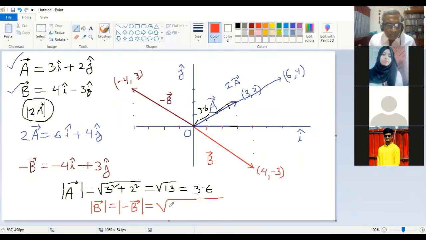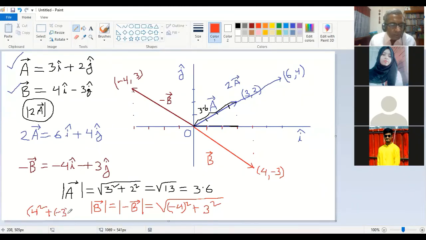So what is the answer here actually? This is 5. How is it coming 5? You can think -4 square plus 3 square, or you can also think +4 square plus -3 square.